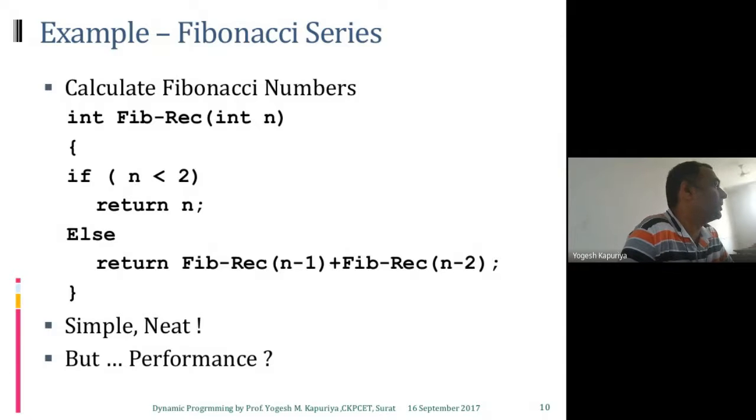These are the two previous numbers. We are doing the same thing over here. To compute Fibonacci of n, we call another instance with n minus 1 and another instance with n minus 2. Then we make an addition. That will be the result, so we return that.